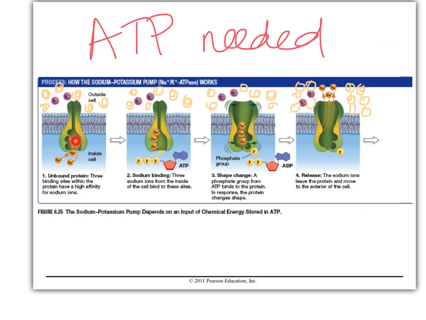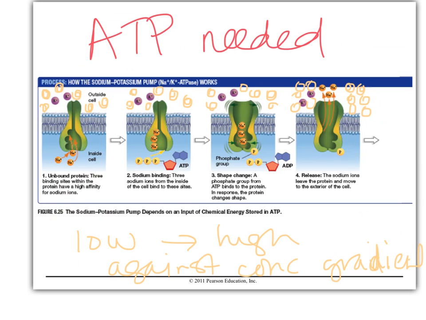It has to have a transport protein, an active pump protein, and needs ATP, right? To get these small amounts of sodium to pass out of the cell where it's even more concentrated. We're going from low to high. That's against a concentration gradient. It needs ATP: active transport.